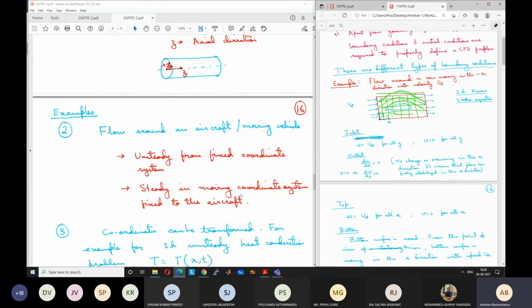Obviously, because of the change in coordinate system, some of the terms will be different, but the conservation still holds true. So whether you take a moving reference frame or fixed reference frame, conservation is still true. Conservation of mass, momentum, and energy. So we can convert this unsteady problem into a steady problem. Okay, so it is very useful.